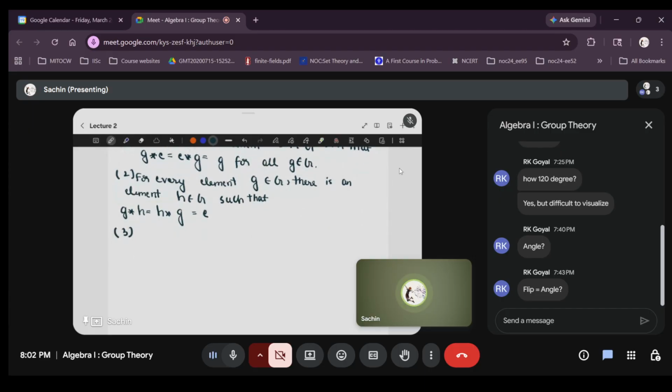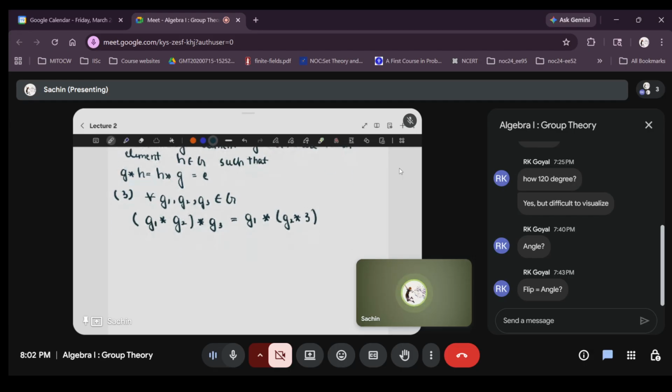The third property is that this operation star is associative. For all g1, g2, g3 belonging to capital G, if you do g1 star g2 and then star g3, that's the same as g1 star g2 star g3.